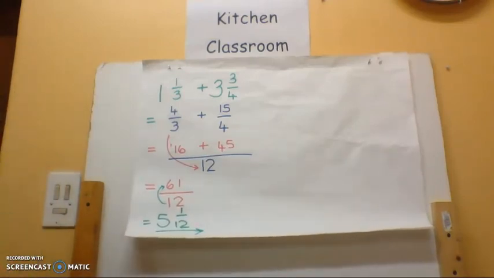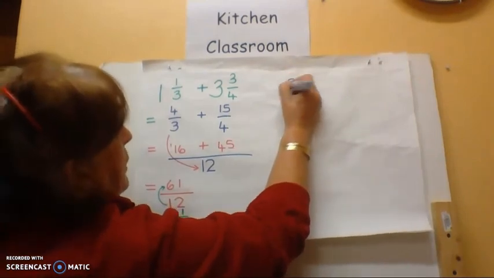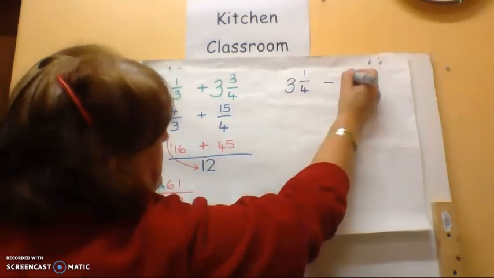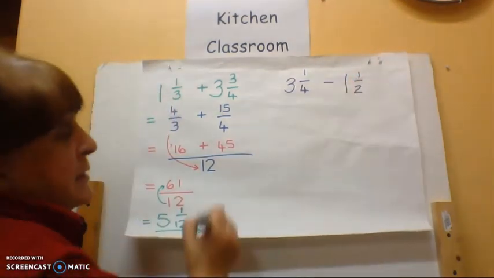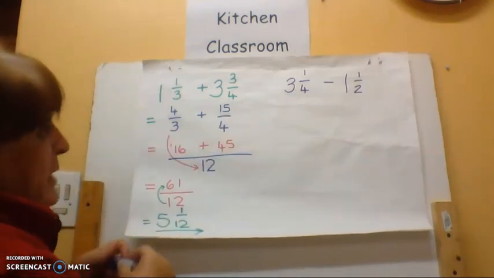I'm going to do one more, which is going to be a subtraction one. So I'm going to say 3 1/4 minus 1 1/2. All right. Does not matter that the sign has changed.